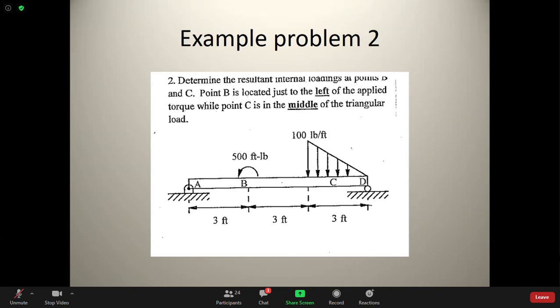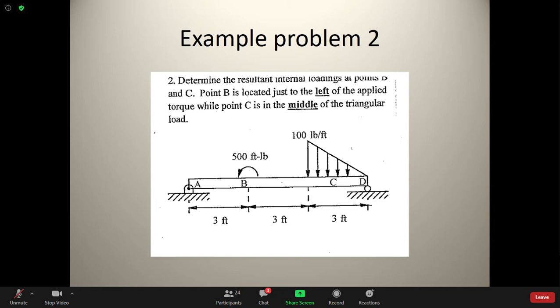If I consider the left-hand side, I will need the support reactions at A. And if I consider the right-hand side, can I get away without any support reactions? No, then the D support reactions will be required.